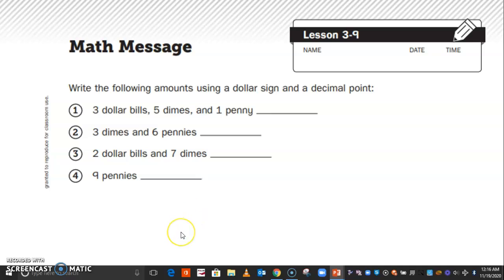All right, let's look at this math message page. Now, if we were in the classroom, I would hand this paper out and we would do this together. But instead, let's just talk about it. It says write the following amounts using a dollar sign and a decimal point. Okay, so we've got $3 bills.